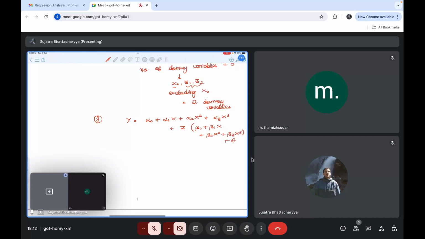So this is the generalized model. It means that if you have different qualitative data, like set A and set B mentioned in the data set, you can write it as a generalized expression.